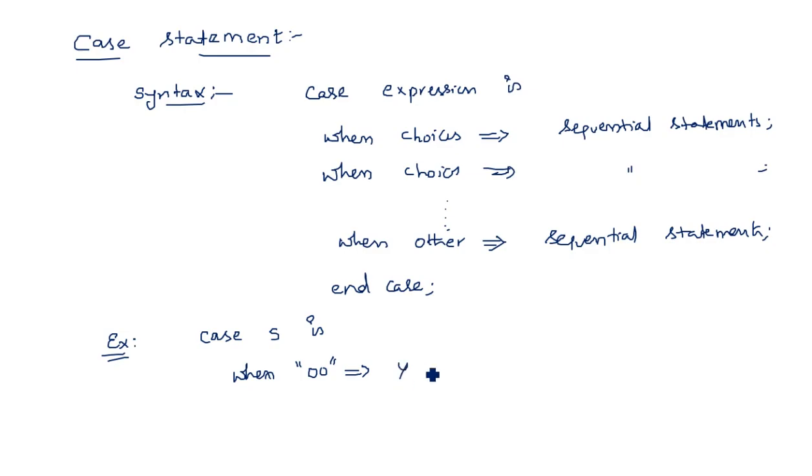When 00, output y is equal to I0. When 01, y is equal to I1, and similarly when 10, output is equal to I2.